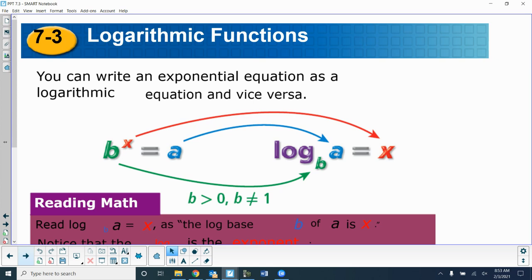So the way you read this is log base b of a equals x. Whatever the base is over here is this little number, we call it a subscript, below and to the right of the g after log.